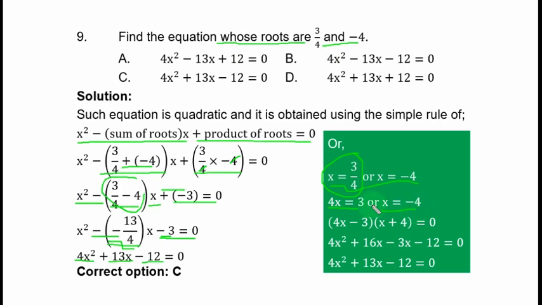So you move the constant to the left hand side so that you can equate to 0. So if you move 3 in, it becomes 4s minus 3, then s plus 4. You merge it together and equate it to 0. By the time you expand, you have it in this form. When you add like terms, you have 4s squared plus 13s minus 12 equal to 0. You have the same option C.